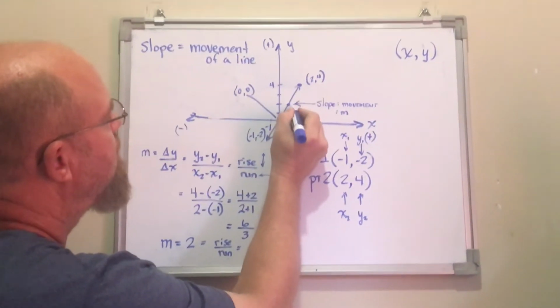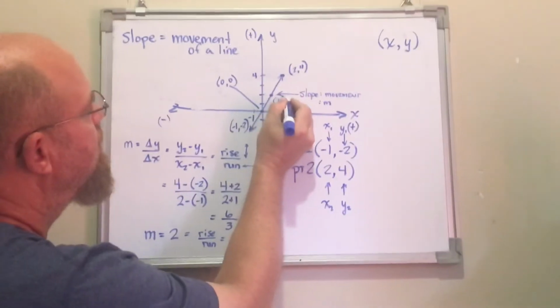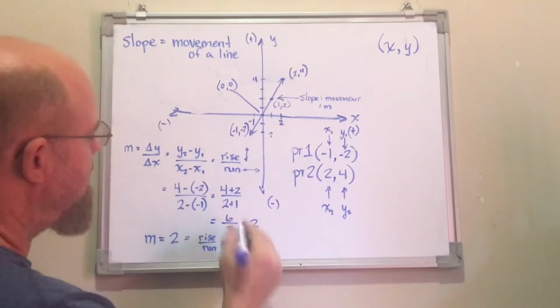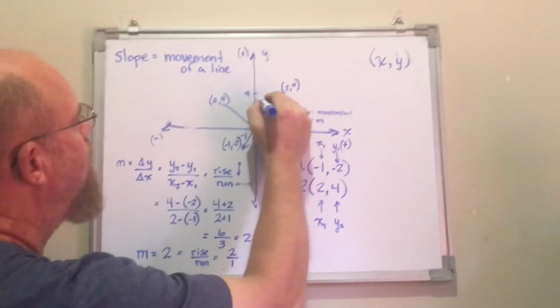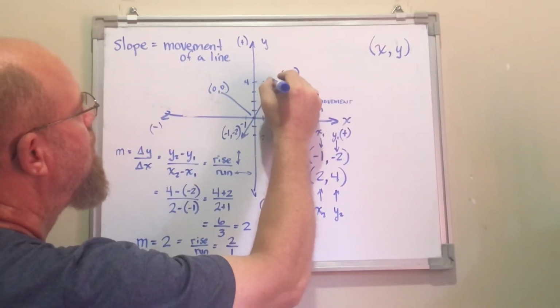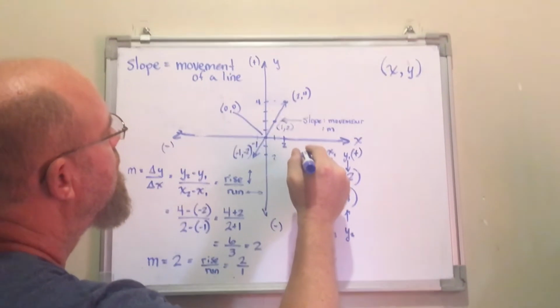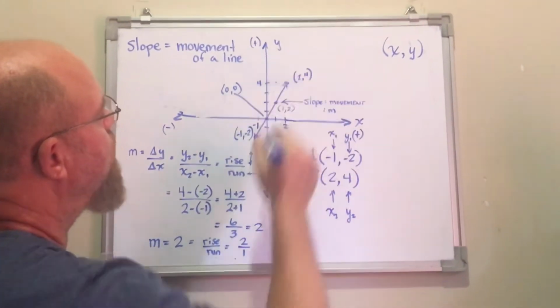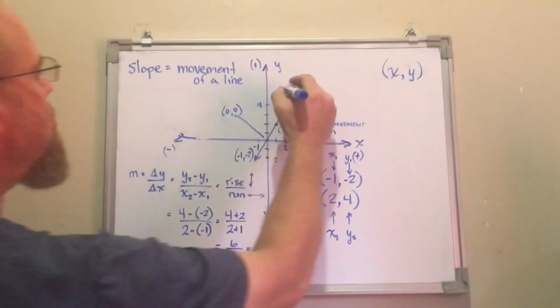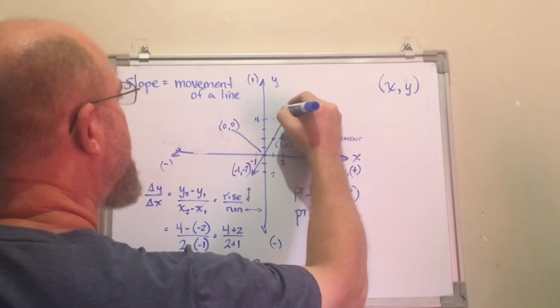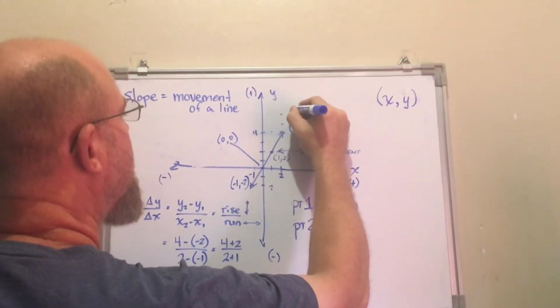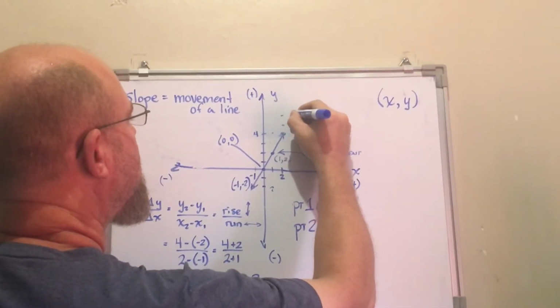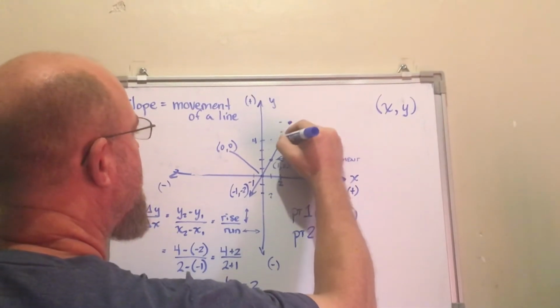Well, there's another point on our line. That point is 1, 2. And then I can also go up 2 more, 1, 2, and over 1, right? And we get this point, which is 2, 4. Okay? And I can do that forever. I can go up 2 and over 1. That'd be another point.